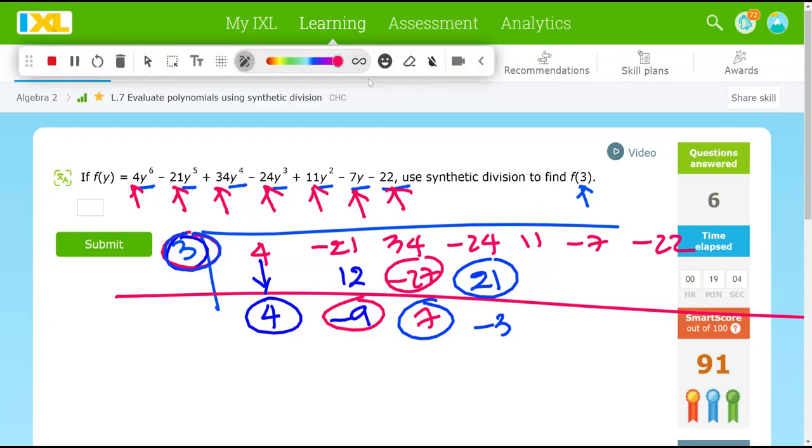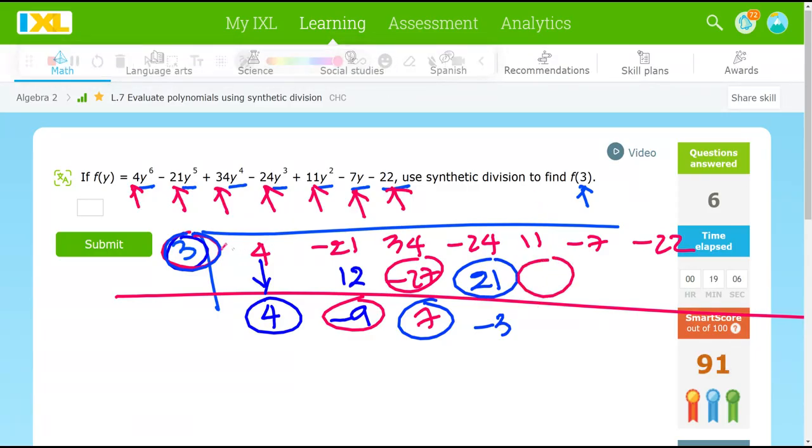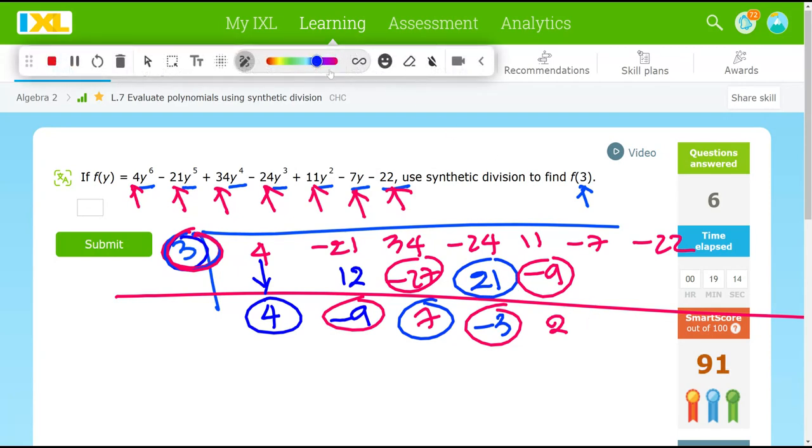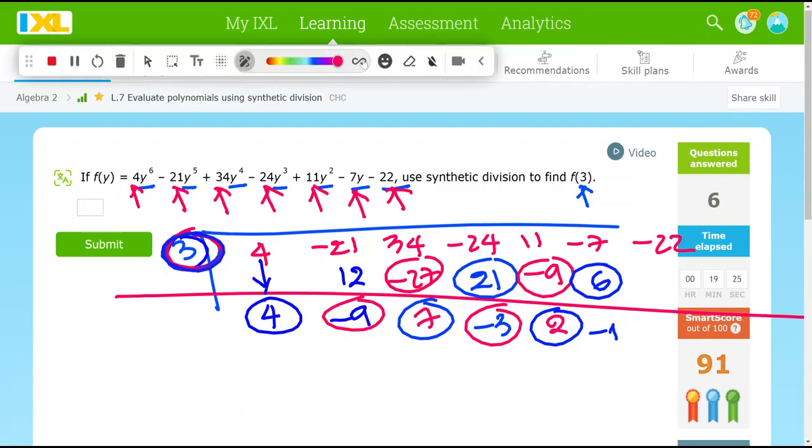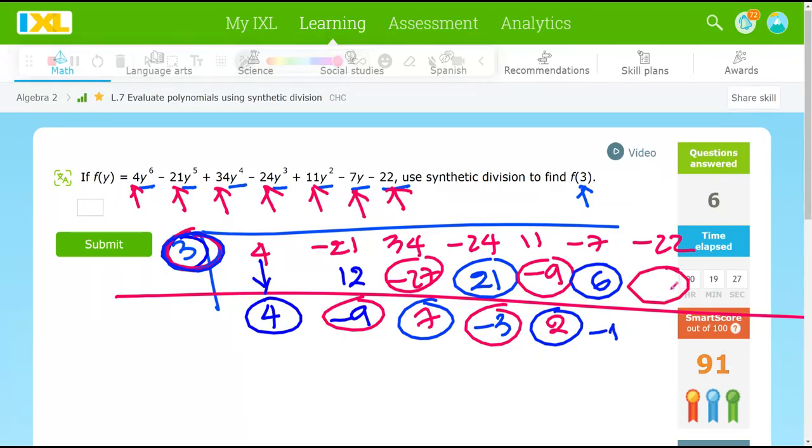My next number is right here. I take 3 times negative 3 become negative 9. 11 plus negative 9, that is positive 2. Next number I want to find right here. I take number 3. I multiply with 2, which is number 6. Negative 7 plus 6 is negative 1. Next number I want right here.